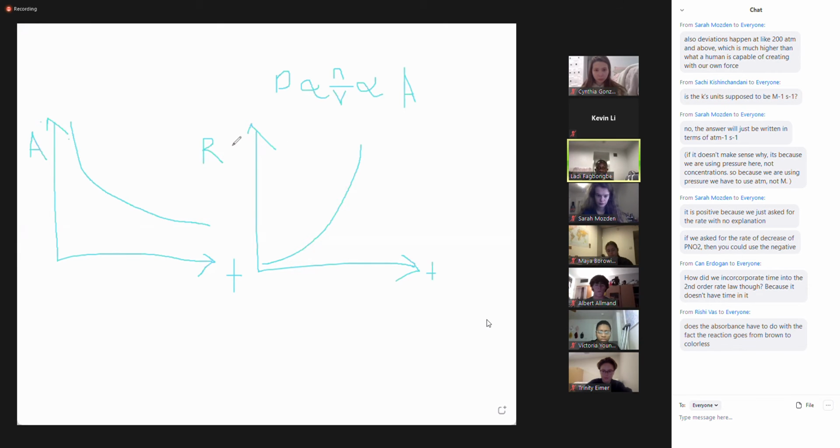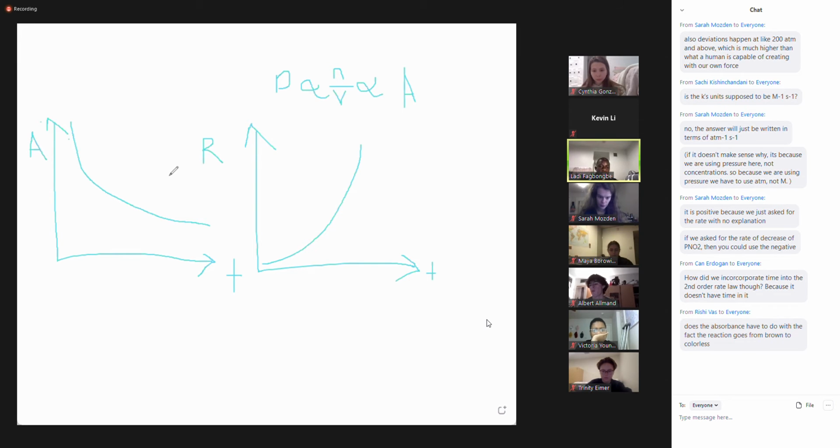Did anyone get anything different? McKenna. I got essentially the opposite, the same thing as absorbance versus time. Okay, so we have two different ideas on this. Let's see what we can come up with.